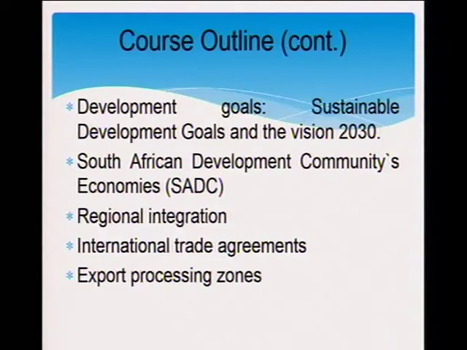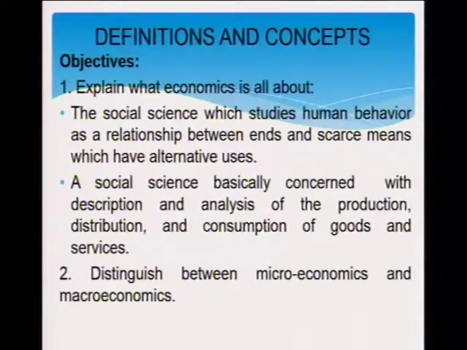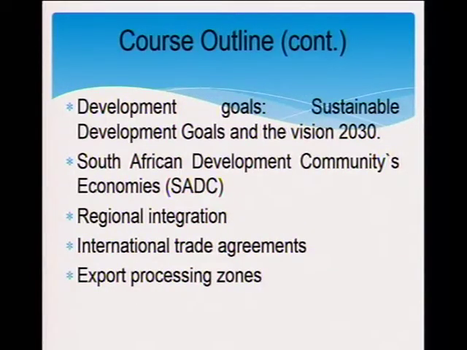This takes us to regional integration. We're going to look at what is regional integration all about. Then we look into international trade agreements, and finally, export processing zones, EPZ. That is the course outline, a brief introduction to the course outline.